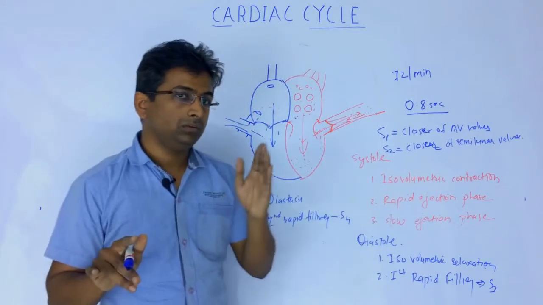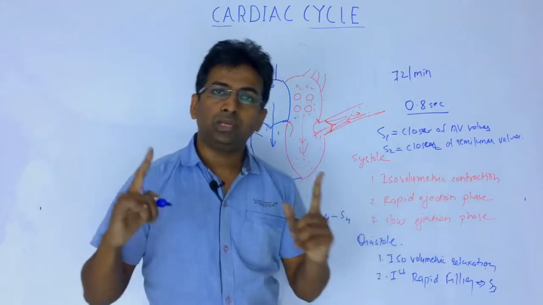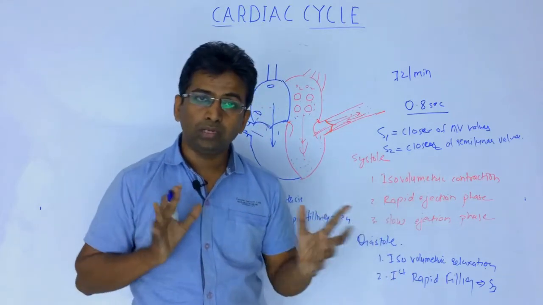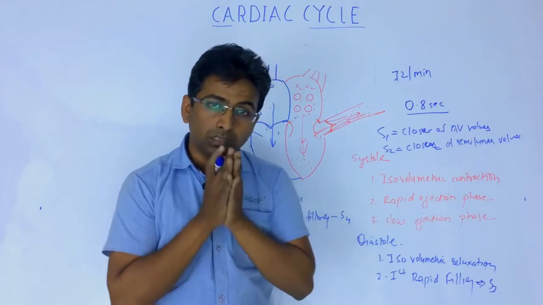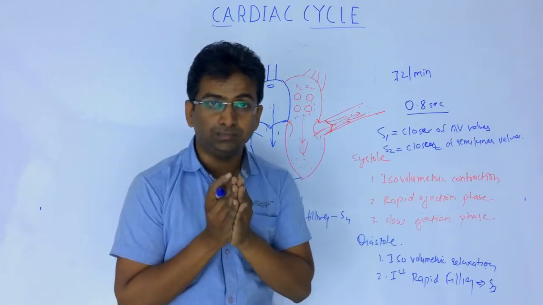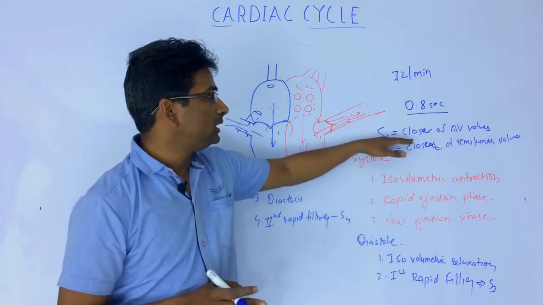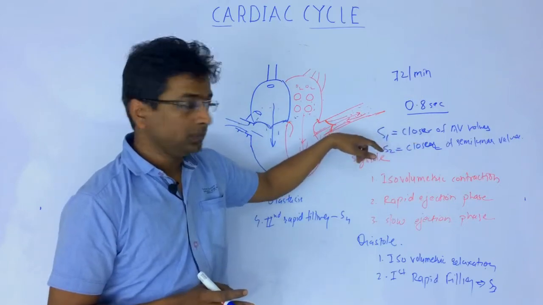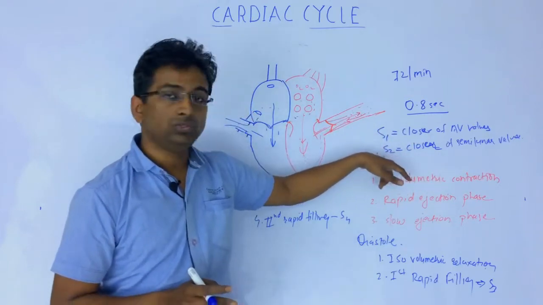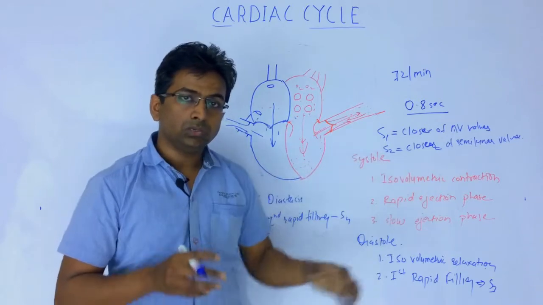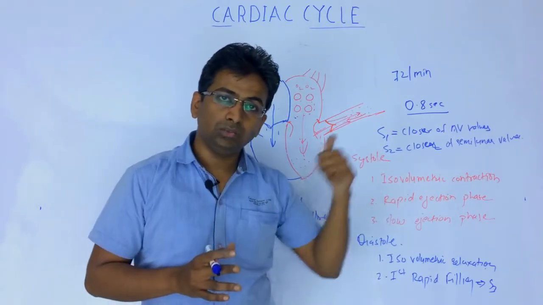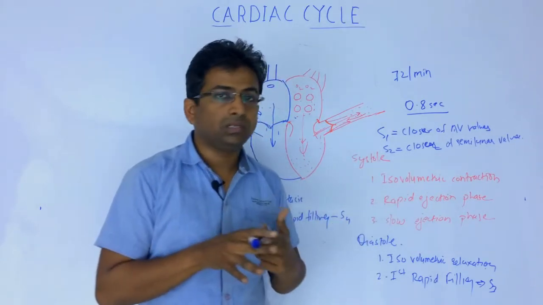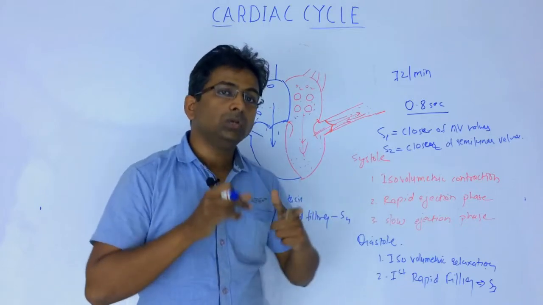So between the closure of the AV valve and the closure of the semilunar valve, the ventricle was in systole. Closure of the AV valve produces S1 and closure of the semilunar valve produces S2. So when the ventricle starts contracting you get S1, and just as it starts relaxing you get S2.